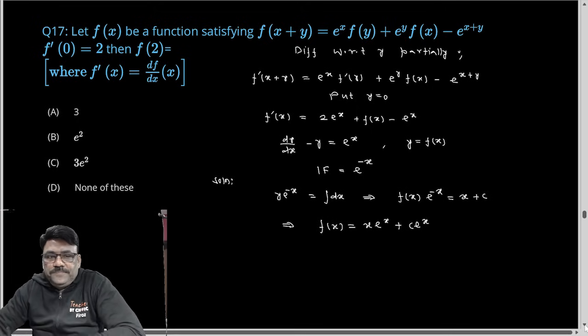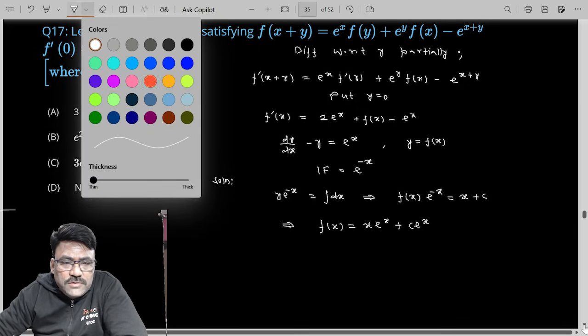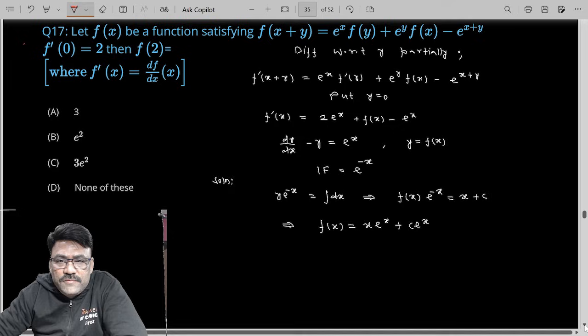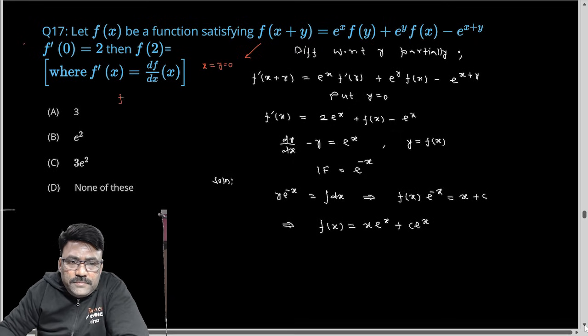Now let's find c. What is c here? So see, from the original given functional equation, if I put x and y both 0, what am I getting? f0, e raised to 0 f0, again e raised to 0 f0 minus e raised to 0, which is 1.